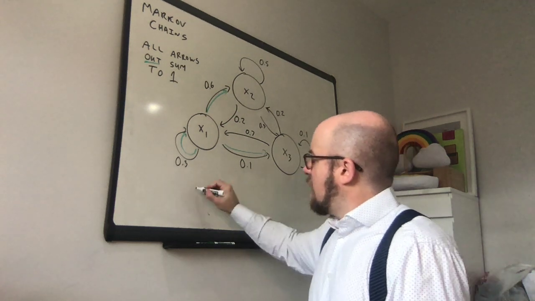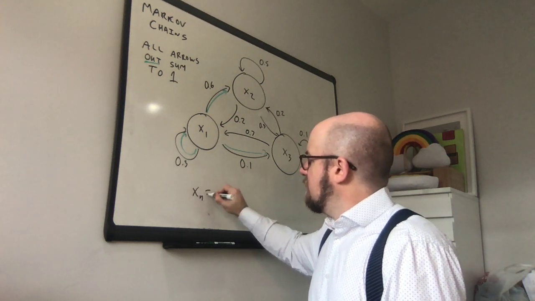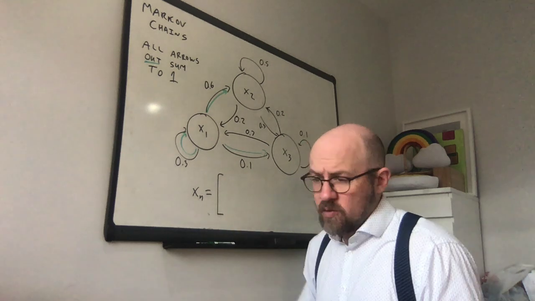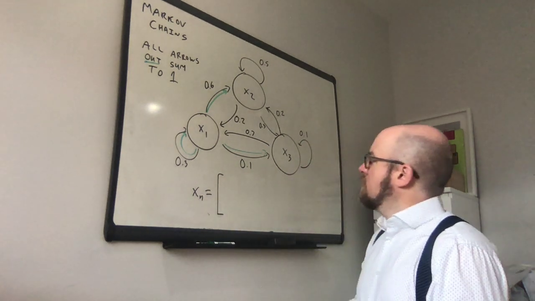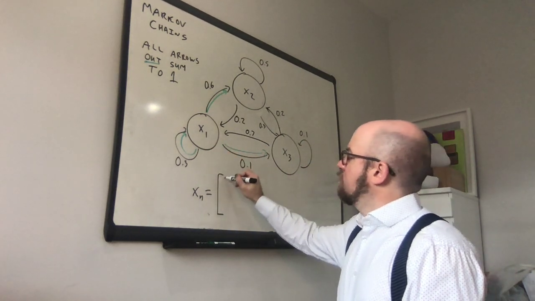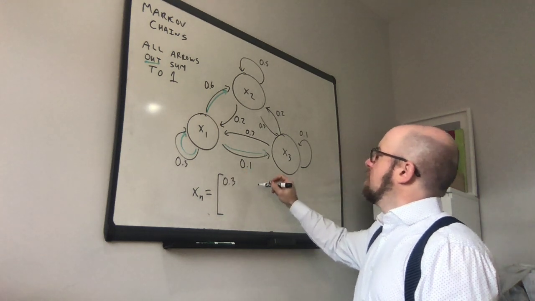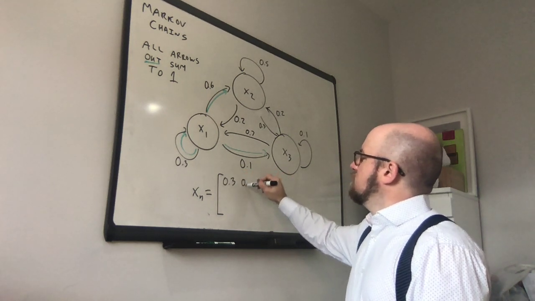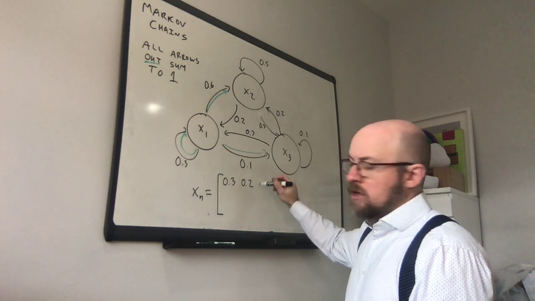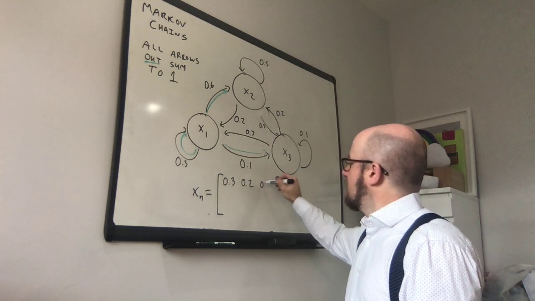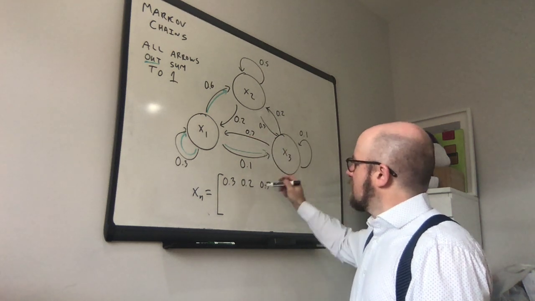So if you write this down, x sub n, we get a matrix equation. If you look, x sub 1 is 0.3 x sub 1 plus 0.2 x sub 2 plus 0.7 x sub 3.